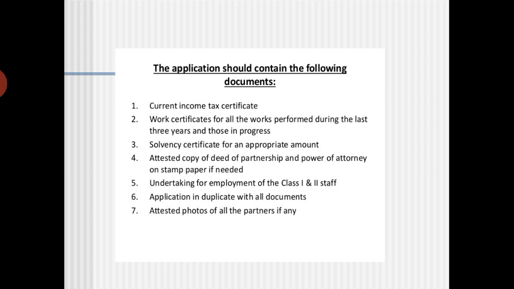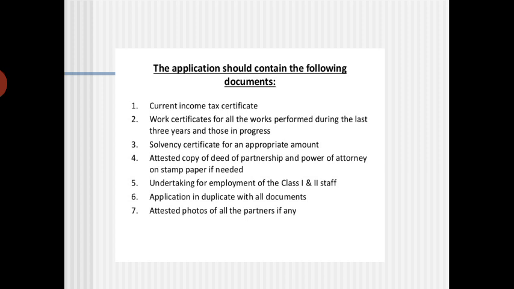Suppose you are doing any works, what kind of work you have executed in the last 3 years, how much is completed, how much progress there is, and what is the percentage. They will ask about the quality aspects as well as the quantity aspects.